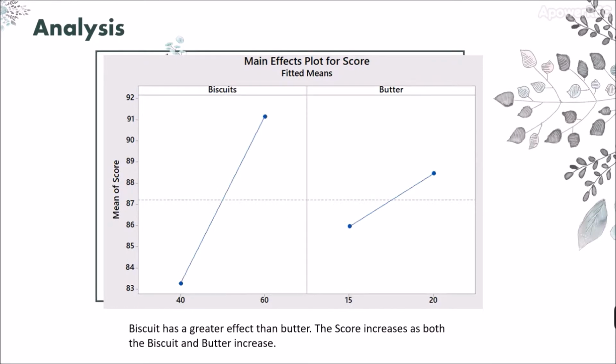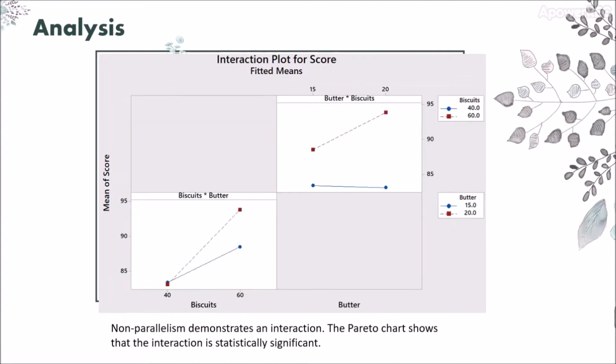Then let's take a look at the main effects plot for the score. Obviously, the slope of biscuit is much steeper than that of butter, and thus biscuit has a greater effect on the score than butter.